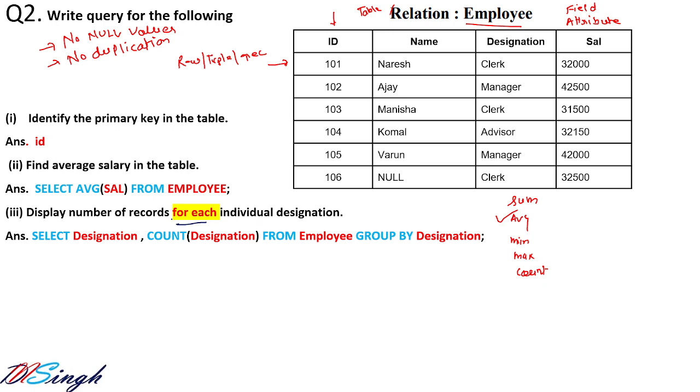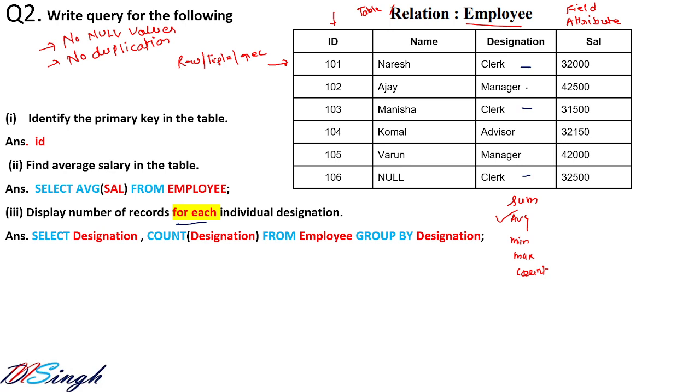Display the number of records. So how can we count how many records are displayed? That is by count of designation, from employee, group by designation. That is what we are going to print. How many times is it present for that designation? So clerk is coming how many times? 3 times. 1, 2, 3.